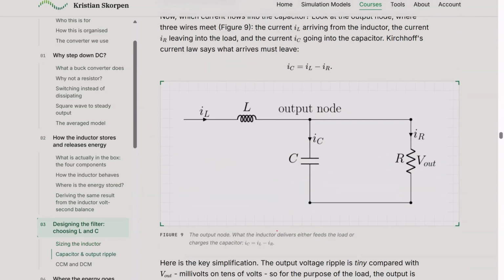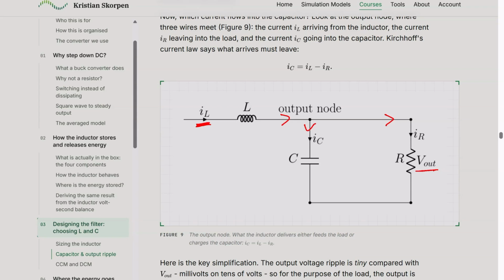So you can see that the current comes from the buck right here. And then it either has to go through the capacitor or the resistor, the load. So let's say that we assume that the voltage over the resistor is constant, because in reality, it's close to constant.